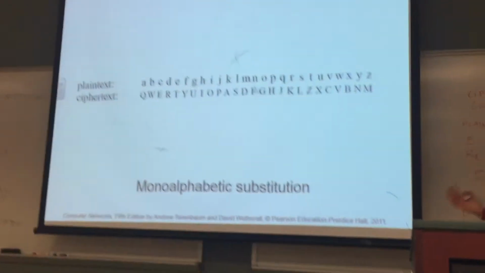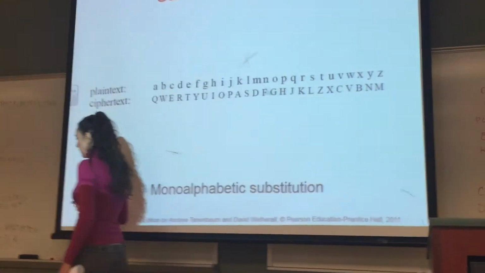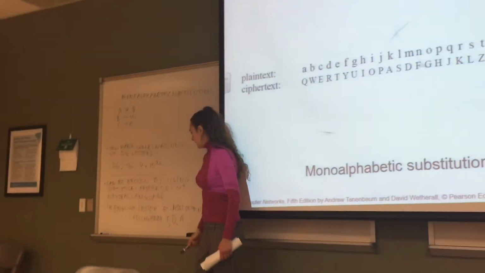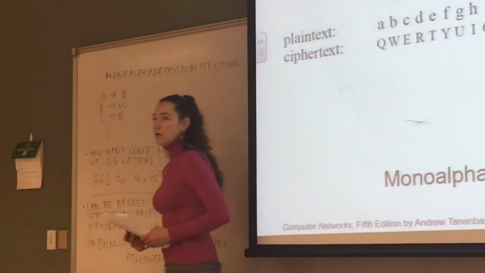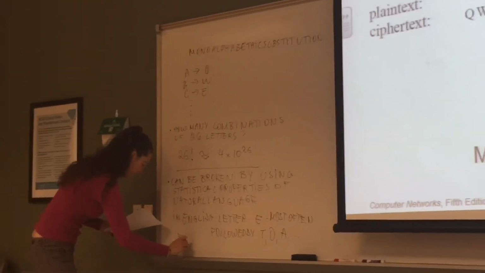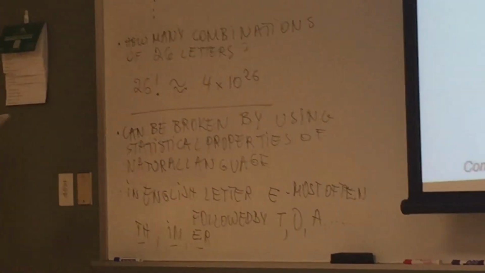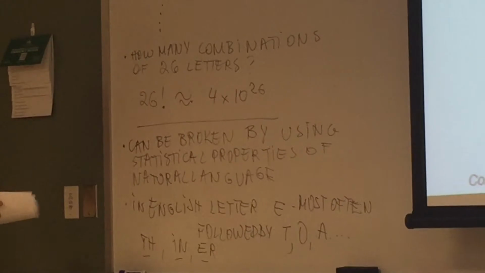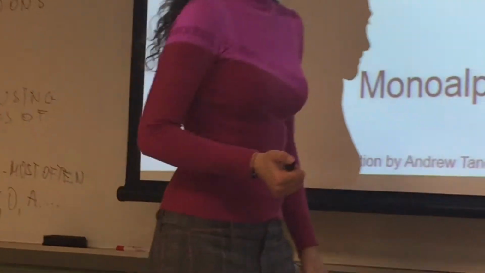Next we order them in descending order, and whichever one is on top, we replace it with E. The next one we replace with T, the next with O. After that, we can go to digrams, for example TH, IN, ER, which happen more often than others. After we start doing this with digrams and trigrams, eventually the text starts making sense and it can be broken.